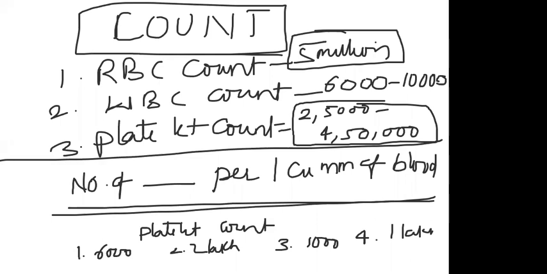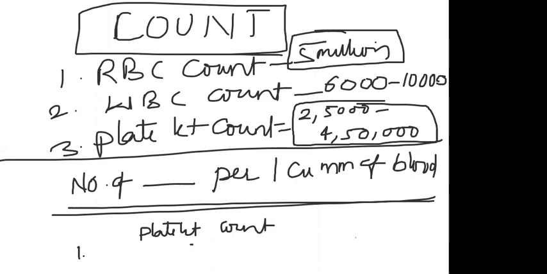The one nearby to 2,50,000 is 2 lakh. So that's why we select 2 lakh as the answer. Book to book there is some difference, but not much. We can't select 1,000, isn't it? So just remember the normal count, nearby normal count, and you will get the questions.